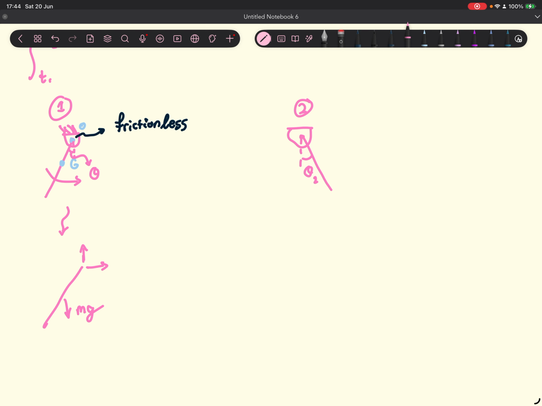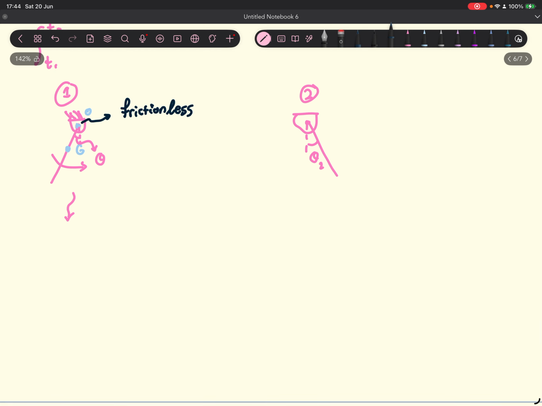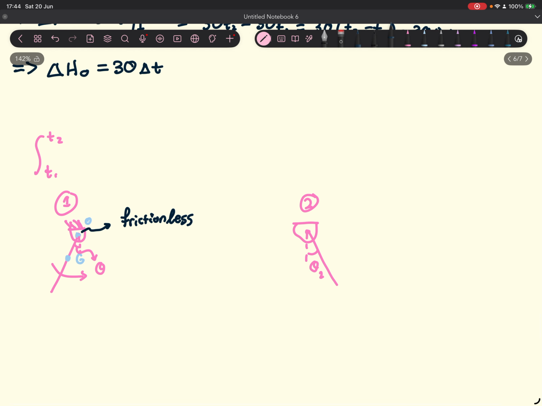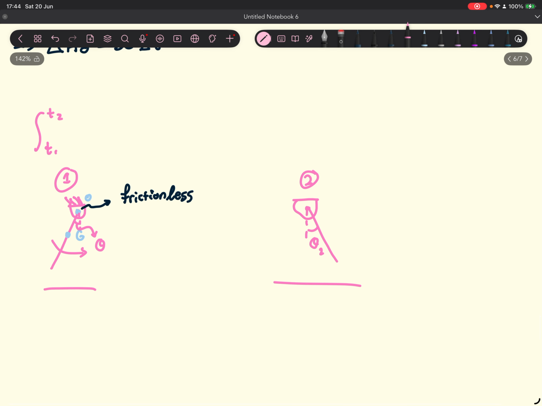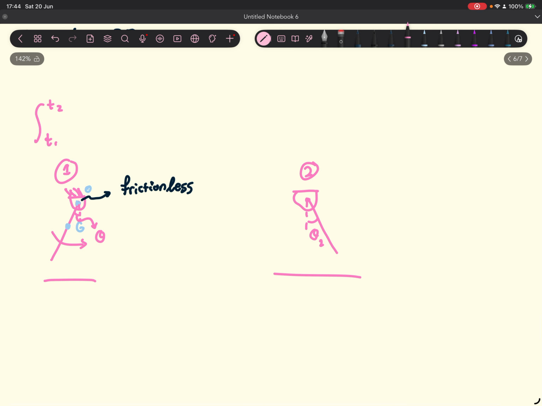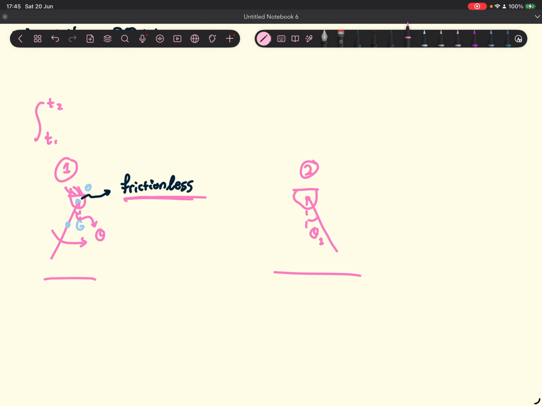You'd need to resort to angular momentum, and you'd need to pick a point where the sum of moments would be 0. Since the joint over here has been said to be frictionless, we'll take sum of moments at this point because we know it would be 0. There's no resistance to its motion, so you won't create a resistive moment.